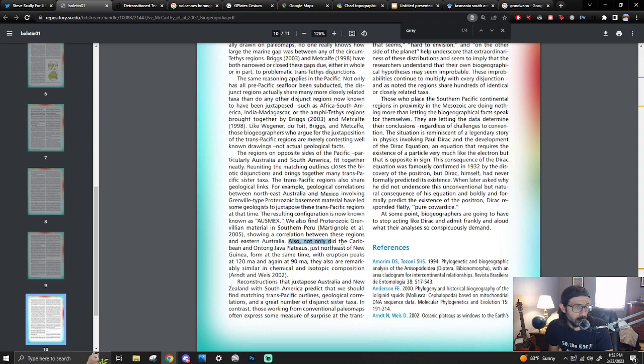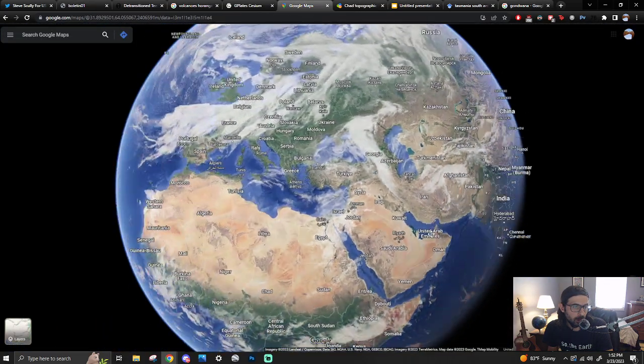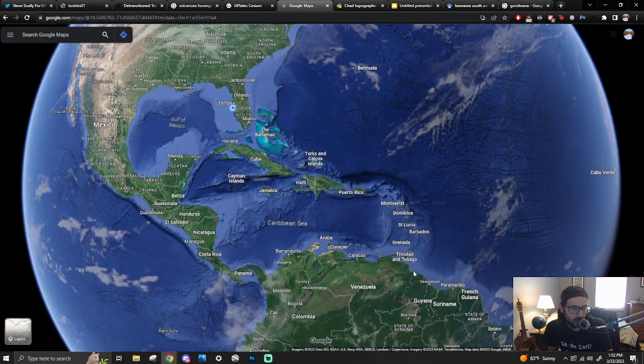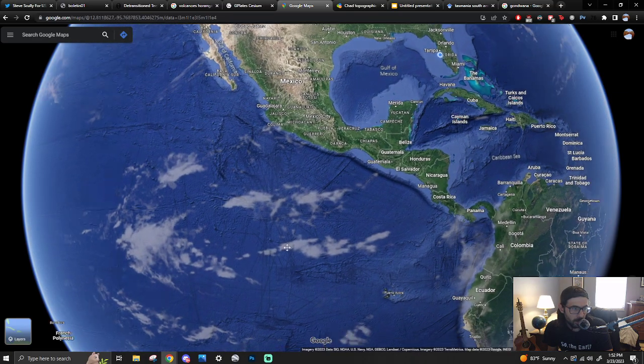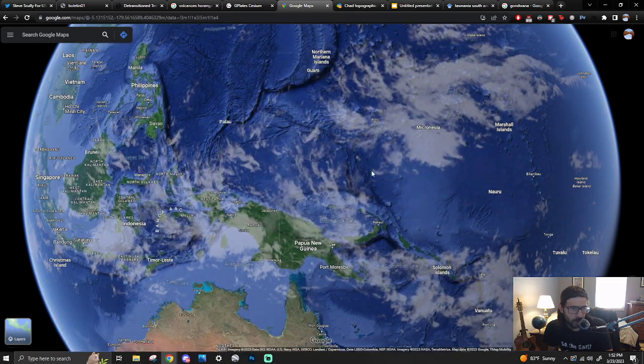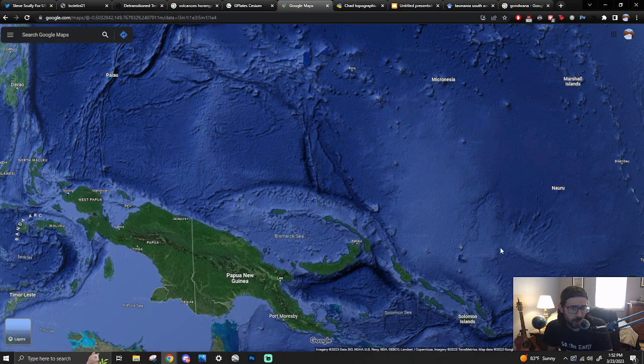Also now, not only did the Caribbean and Ontong Java plateaus, just north of New Guinea, form at the same time, so like the Caribbean, like this region, and a mound of material down like this.